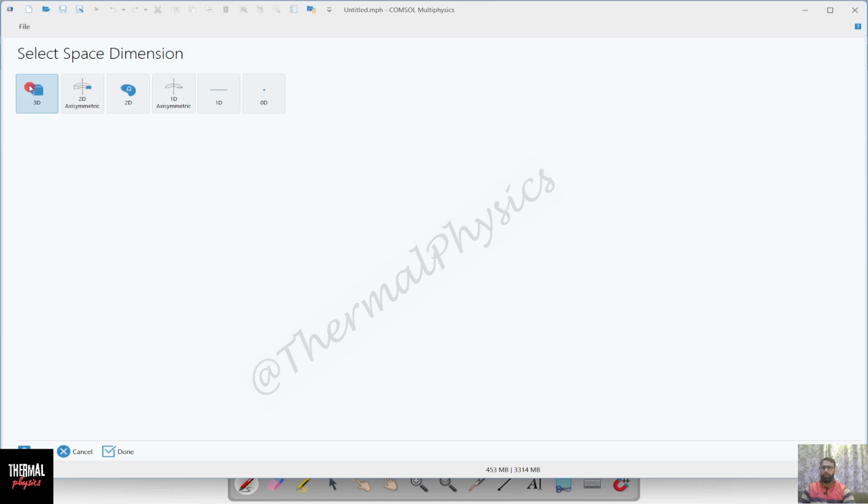One thing I want to make clear here is we chose 3D geometry, but making a 3D model in COMSOL will make the problem consume more time, which we obviously do not want. We want the model to run in the minimum time possible. So for a model, we can reduce 3D geometry to 1D geometry.